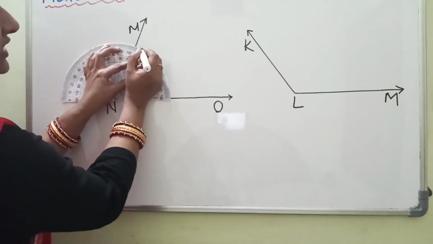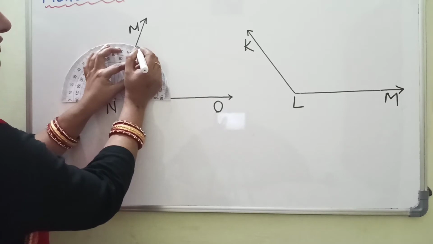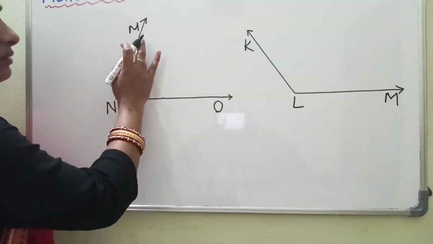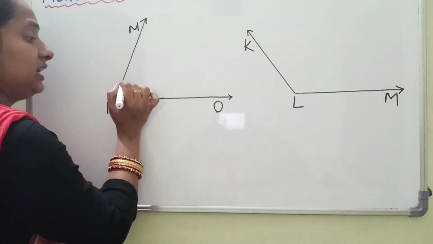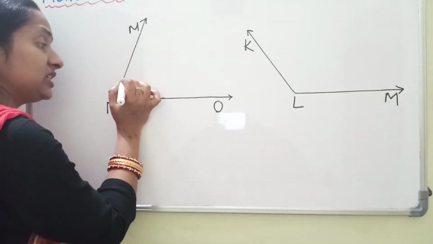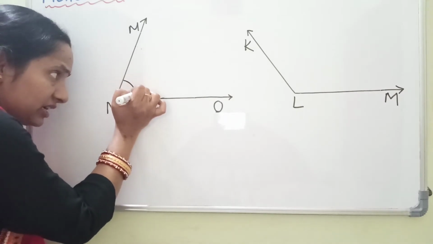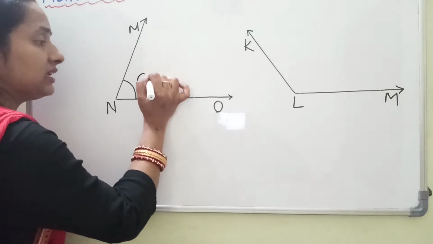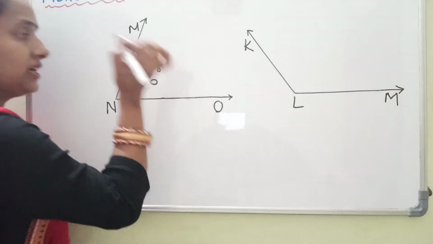So here it is 60 degree, then here we have 65, then we have 66 degree. So the other arm is at 66. It is touching the protractor at 66 degree. So here the angle is 66 degree.